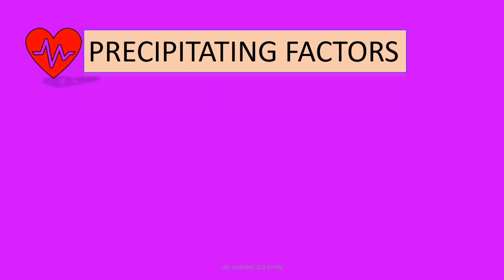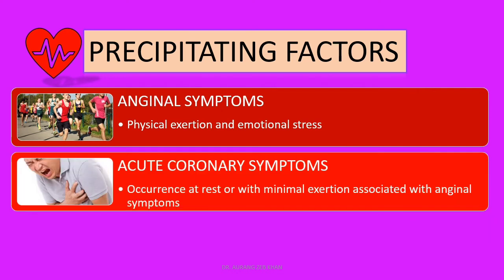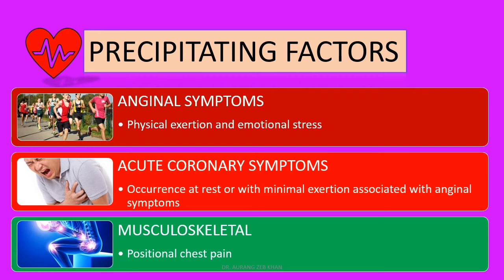Precipitating factors that are most likely consistent with anginal symptoms are physical exertion and emotional stress. Occurrence at rest or with minimal exertion associated with anginal symptoms can indicate acute coronary syndromes, NSTEMI, unstable angina, and acute myocardial infarction. Positional chest pain is usually non-ischemic. For example, this could be musculoskeletal.